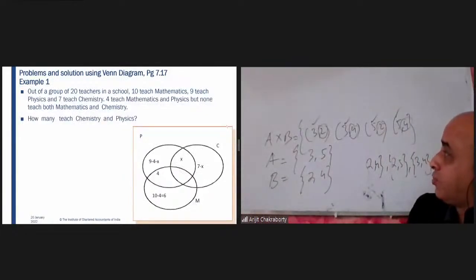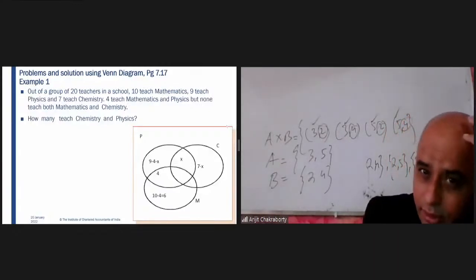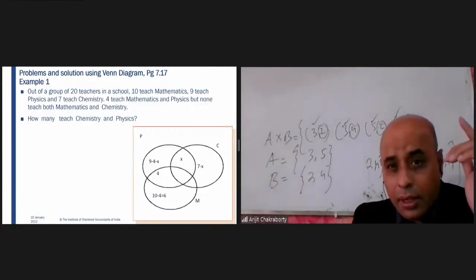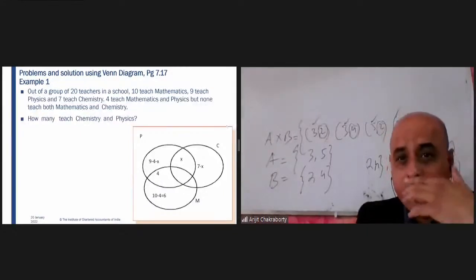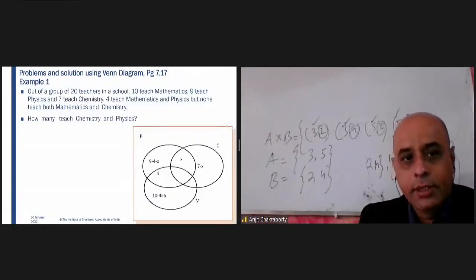Out of a group of 20 teachers in a school, the data given shows 10 teach mathematics, 9 teach physics and 7 teach chemistry. 4 are teaching mathematics and physics, but none teach both mathematics and chemistry.